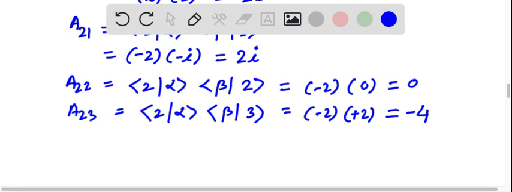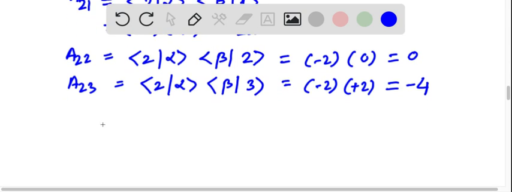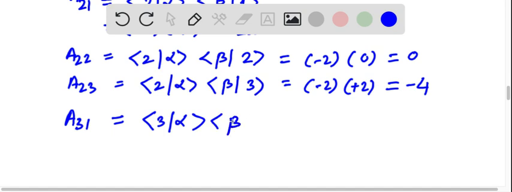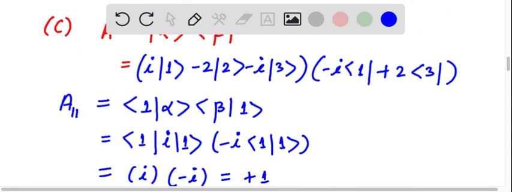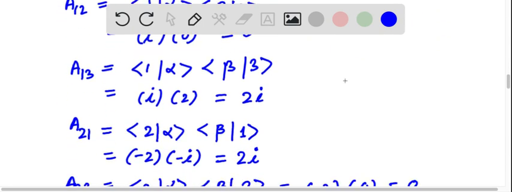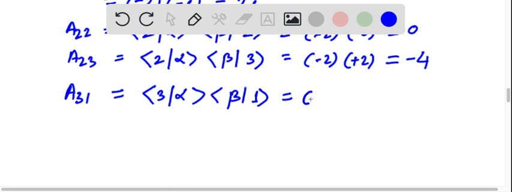Now A31. A31 is equal to ⟨3|alpha⟩⟨beta|1⟩. ⟨3|alpha⟩ is minus i, and ⟨beta|1⟩ is again minus i.